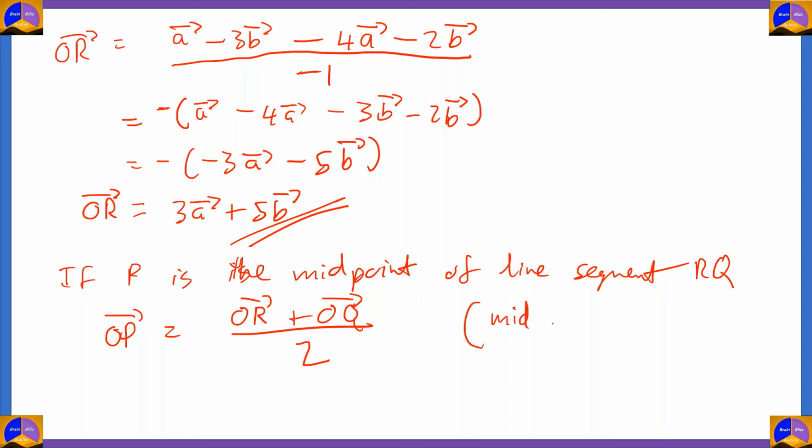This is by using the midpoint formula. Now we need to find out whether this is true.